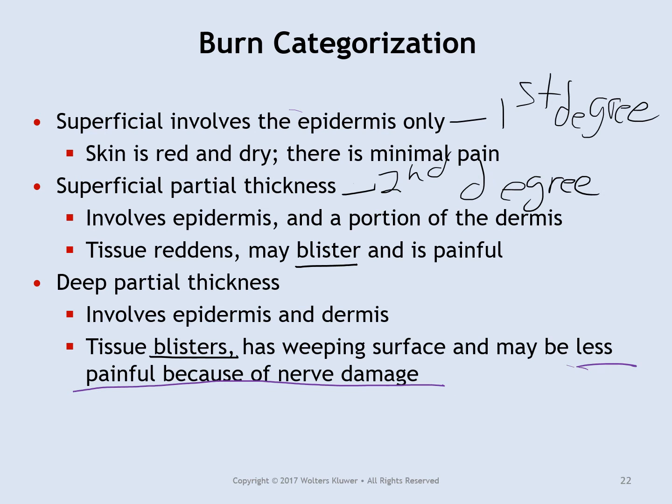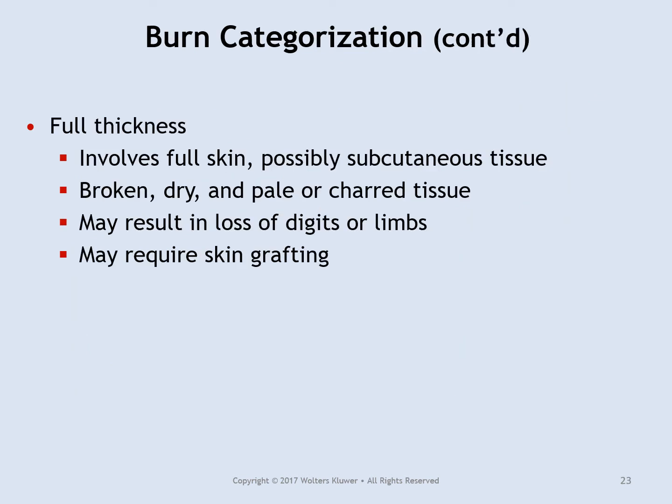Very much so. A full thickness burn is what we would call a third-degree burn. Here we've burned through the epidermis, the dermis, down into the hypodermis, the subcutaneous layer. Third-degree burns can look different depending on the patient, depending on what burned them. Sometimes the skin will look kind of broken and dry and pale.